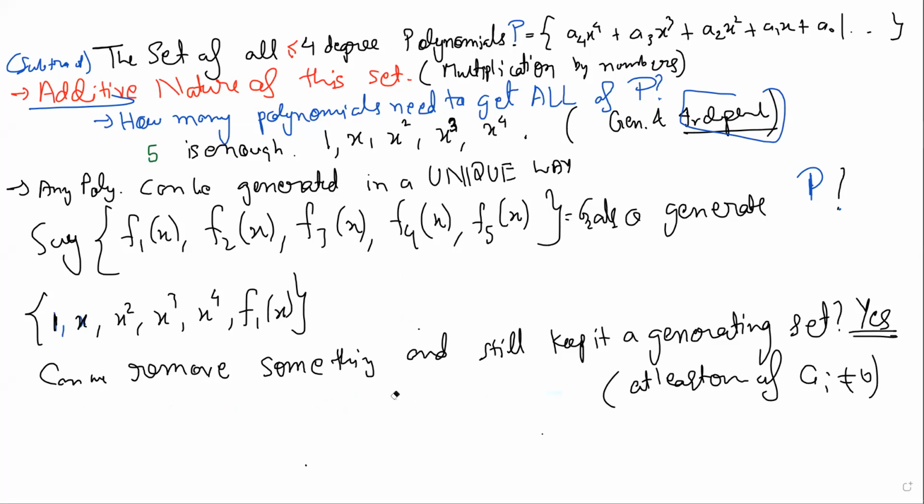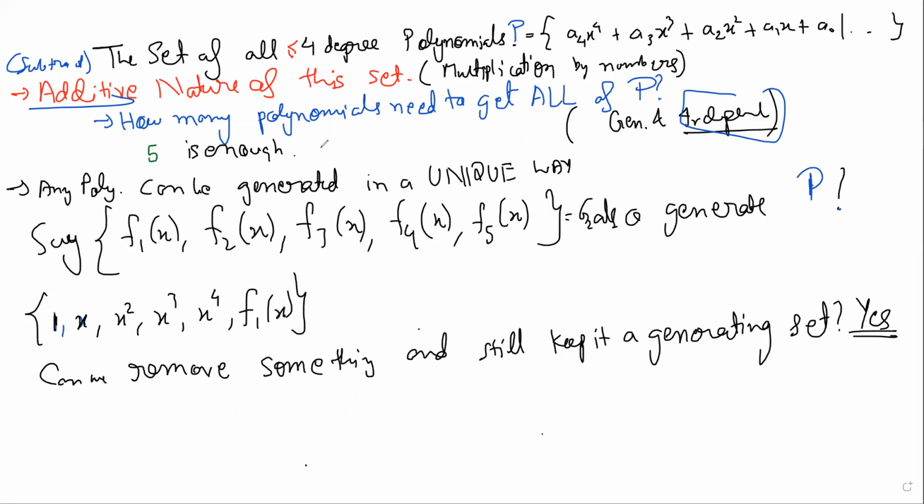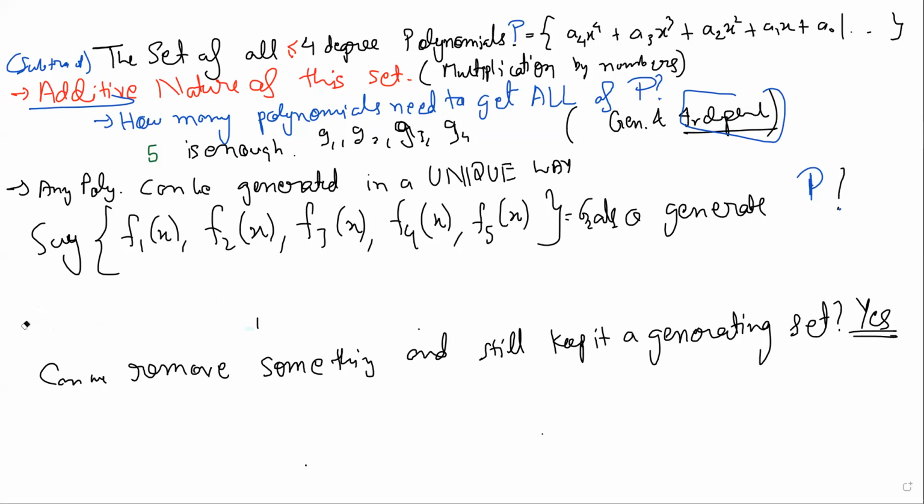And remember, you could have done this with any set, so you don't have to even start with this. You could have started with some set of polynomials, g1, g2, g3, g4. I should write x, but yeah. And I could have done the same thing, okay? So this is g1.